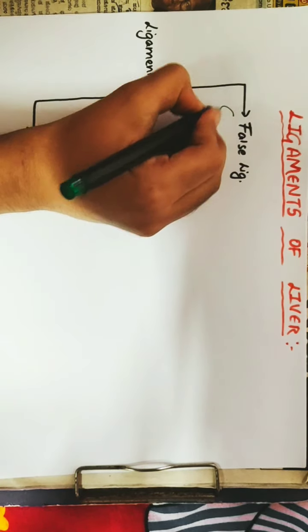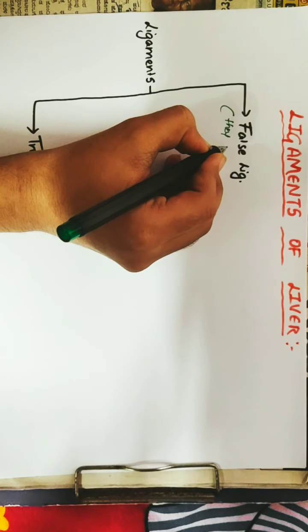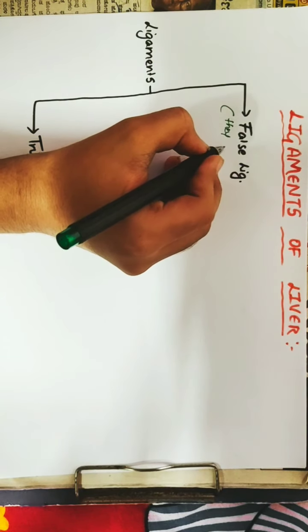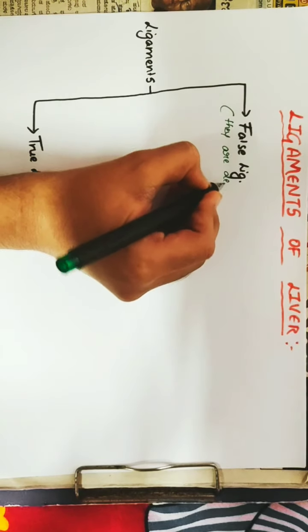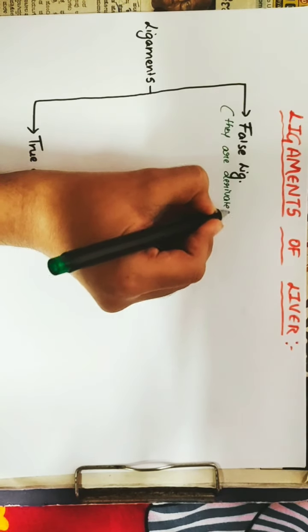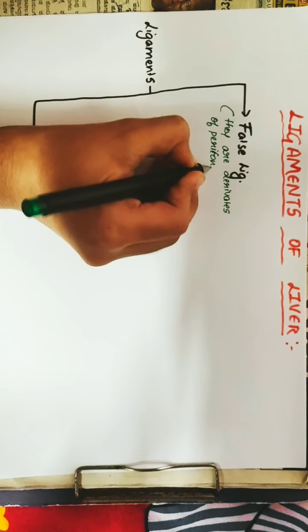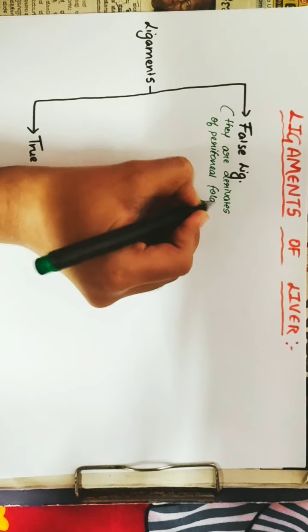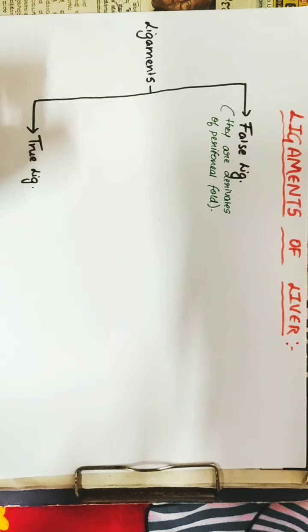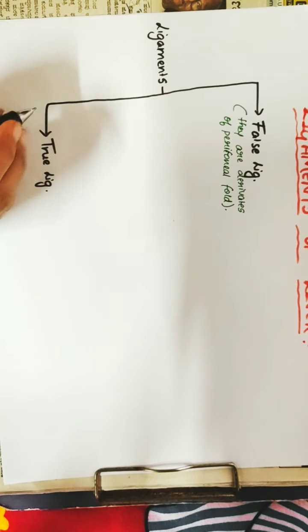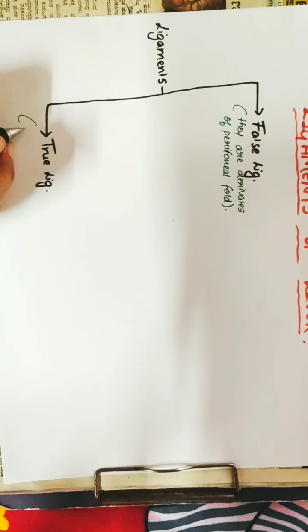What are false ligaments? They are peritoneal folds, derivatives of peritoneal fold. Whereas true ligaments are also called remnants or fetal derivatives.